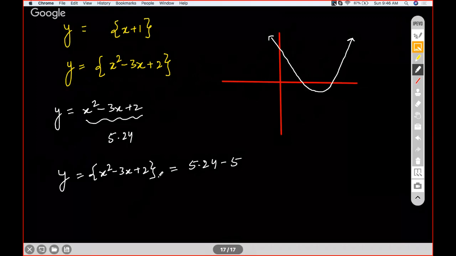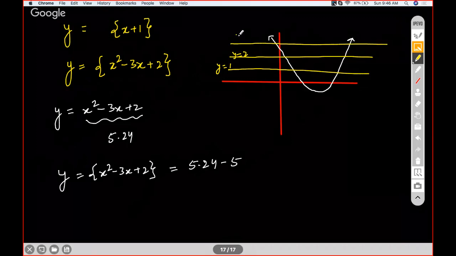So my take is, wherever the point is, you are actually bringing it down by the integer value at that position. For example, I'll just show you a simpler case here. Let's say I draw these lines, y equal to 1, y equal to 2, and y equal to 3.